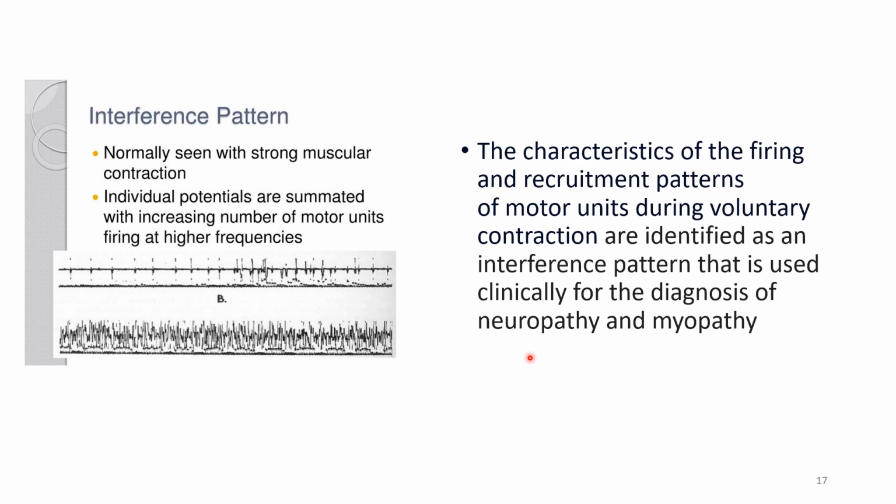So this interference pattern is very important, because the interference pattern means the waveform which comes due to recruitment of motor units. That is studied in neuropathy and myopathy, so they are diagnostic. It is normally seen with strong muscular contraction. The individual action potentials coming from the motor units are summated with the increasing number of motor units, if you do a higher work.